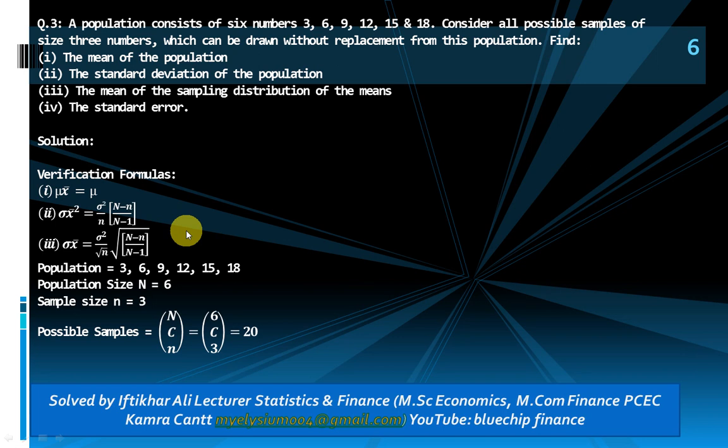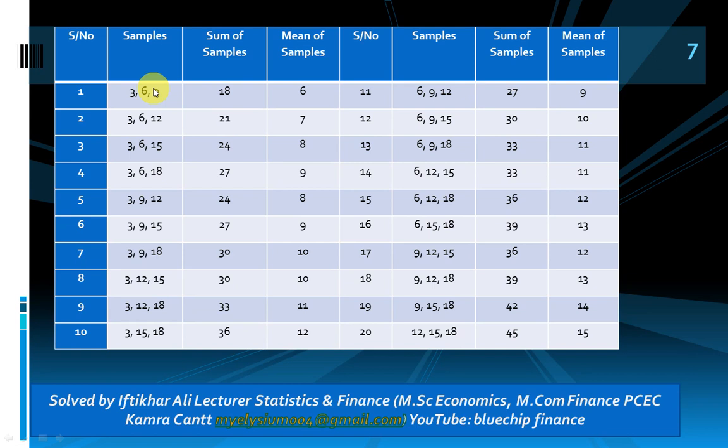Number 1 is the calculation of sample statistic, and as you are seeing here, first of all we are going to take population size, sample size, without replacement.